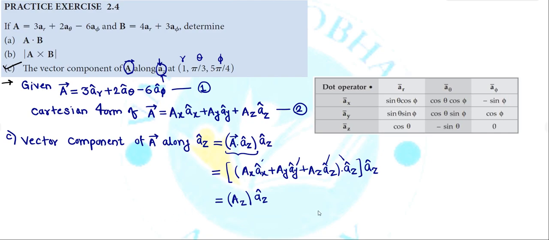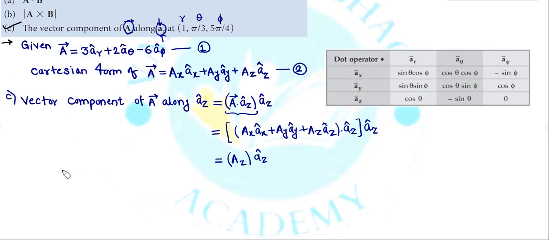Now next we are going to write what that Az is. We have this as the vector component of vector A along Az. So what exactly is that Az?